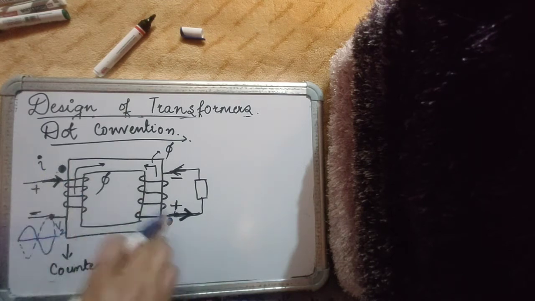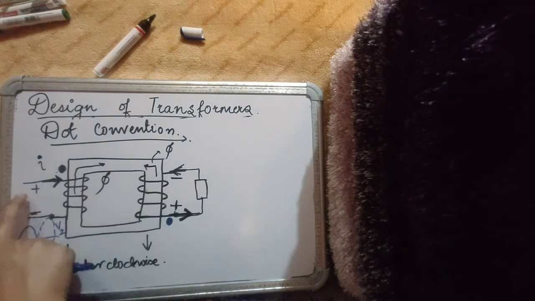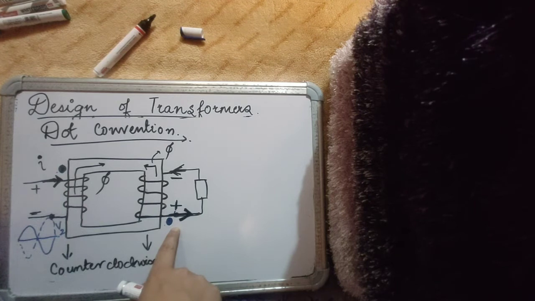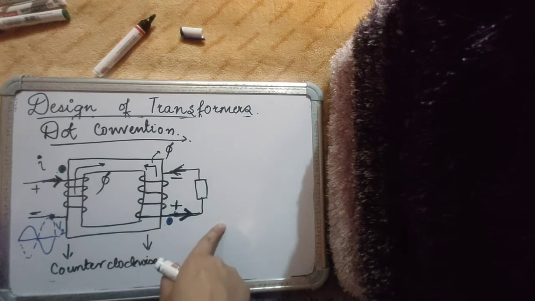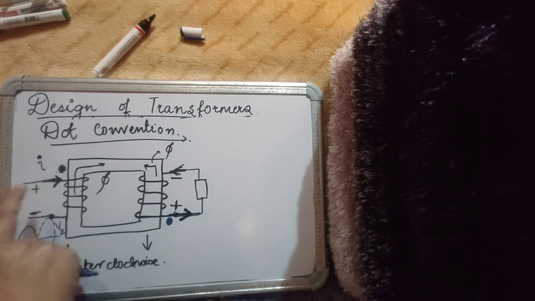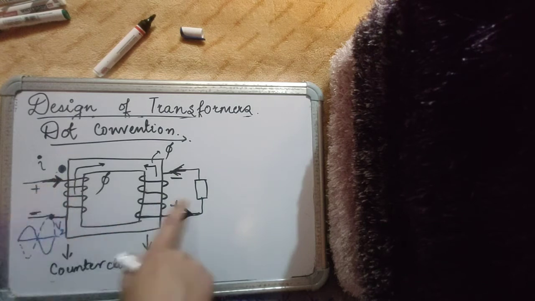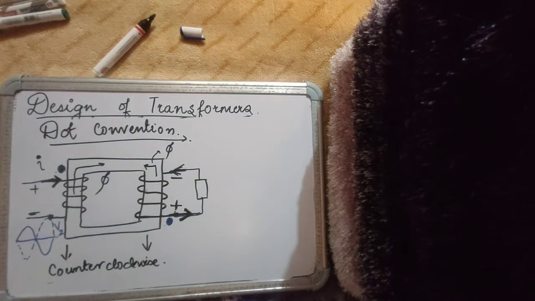So the dot conventions will be on the opposite ends. So current entering the dot on the primary means current leaving the dot on the secondary, or in terms of voltages, each dot has the same polarity of voltage, whether positive or negative. Now let's see the other dot convention.